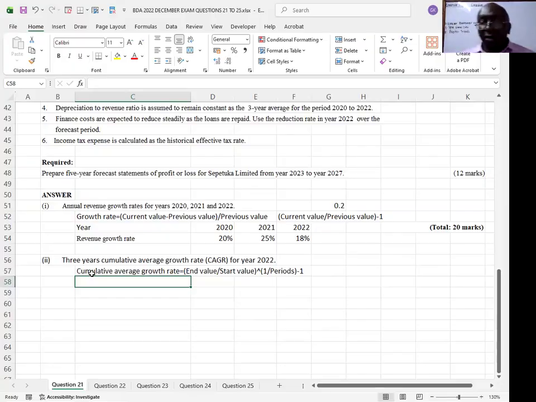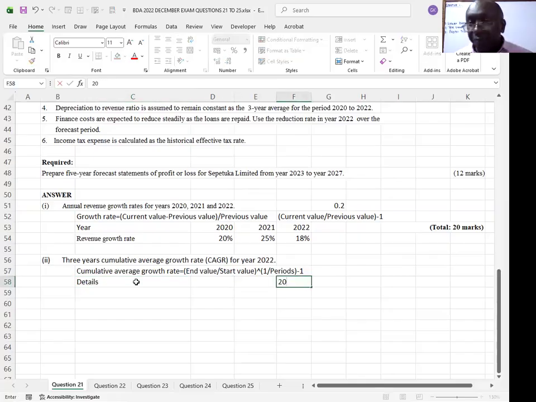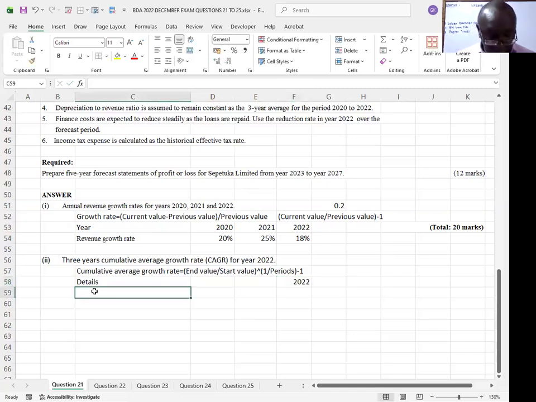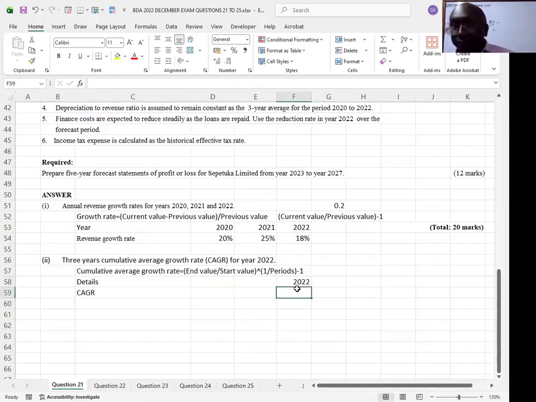Okay, so if we have seen it, let us come here. Let us say the cumulative, now we can use the initials. Or let us write details here. We have been told to find for the year 2022. So let's say CAGR, cumulative average growth rate. We come and bring it here.